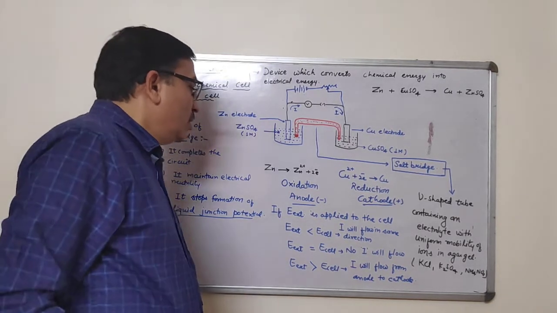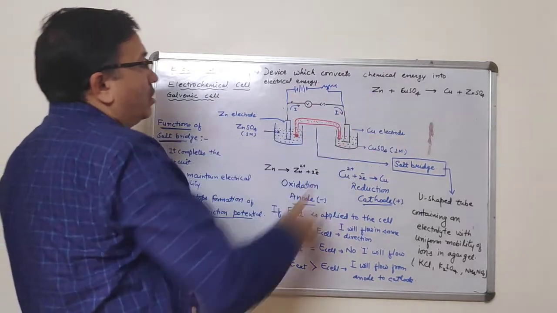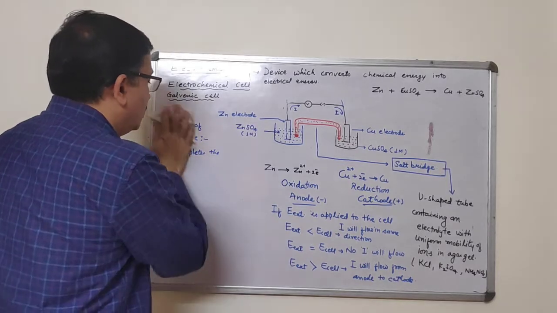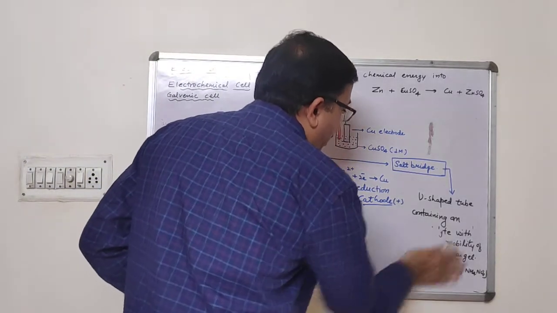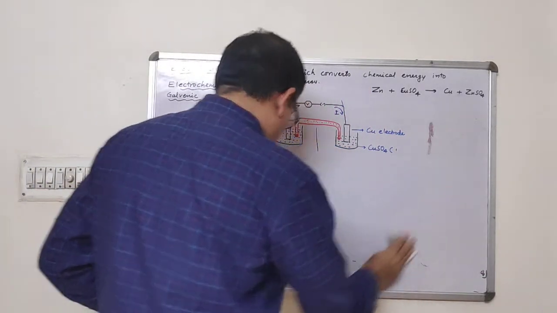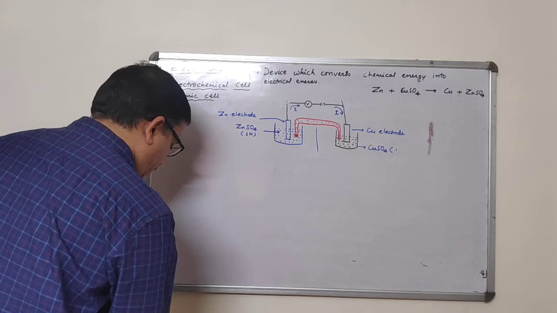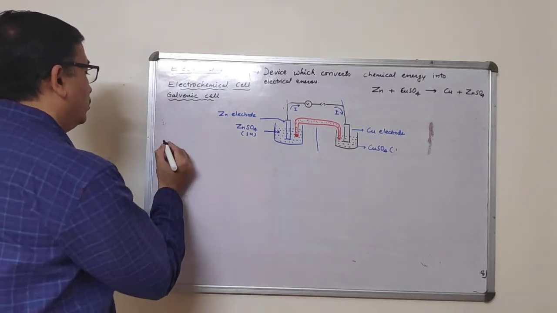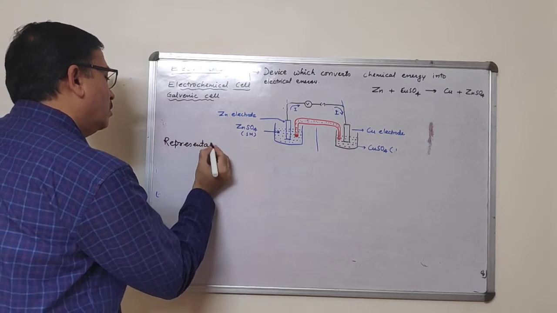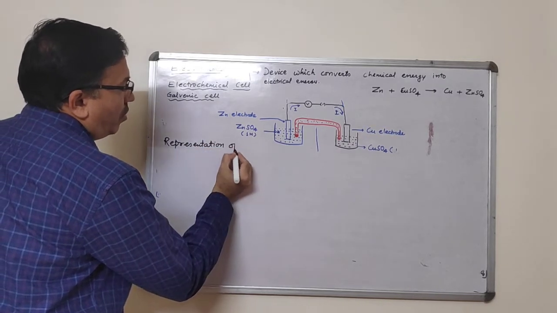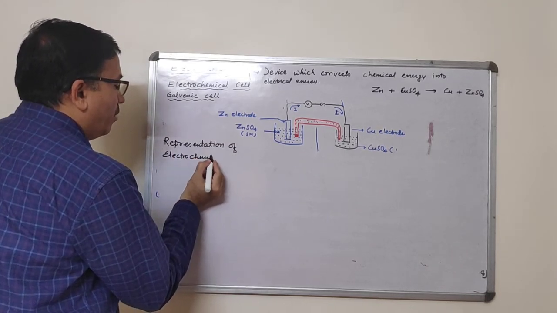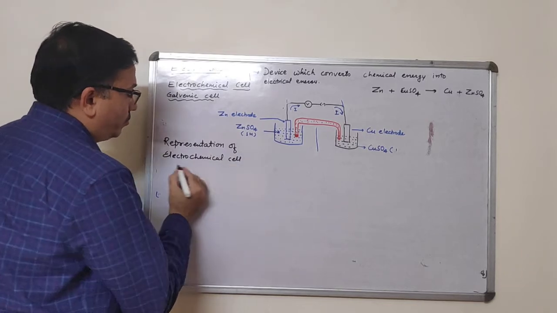Well, another point: all the time we can't draw such a diagram. How to represent an electrochemical cell? So another point I am taking, representation of an electrochemical cell.